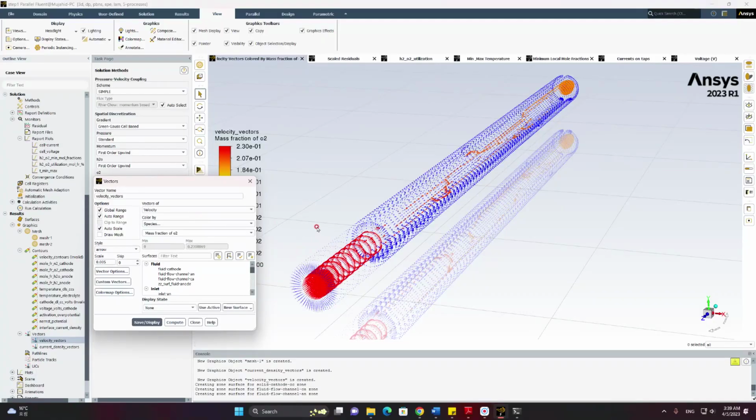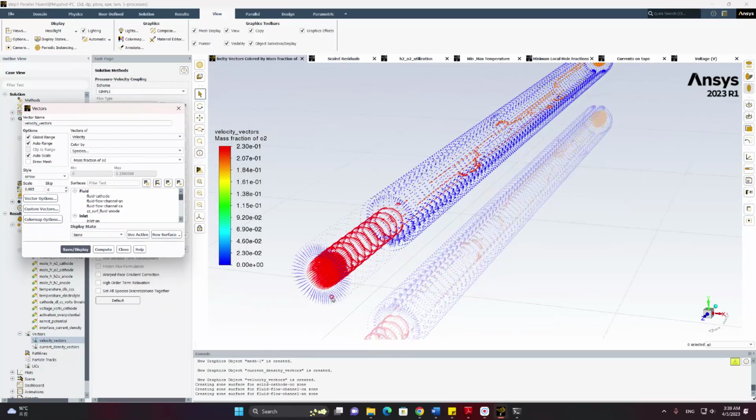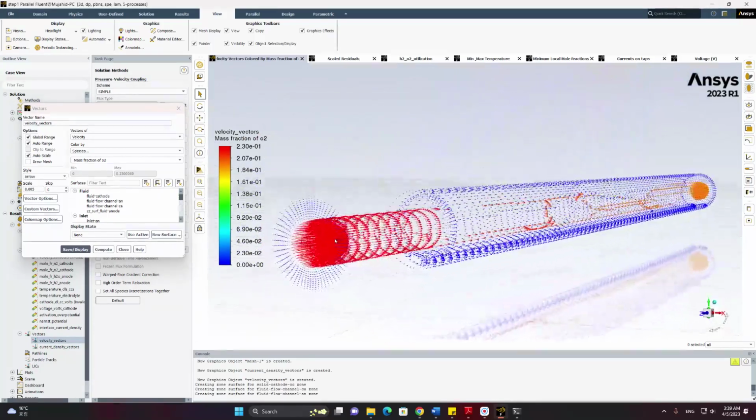We can also have the velocity vectors of mass fraction of O2. According to the mass fraction of O2, we can have a look at the vector plots.